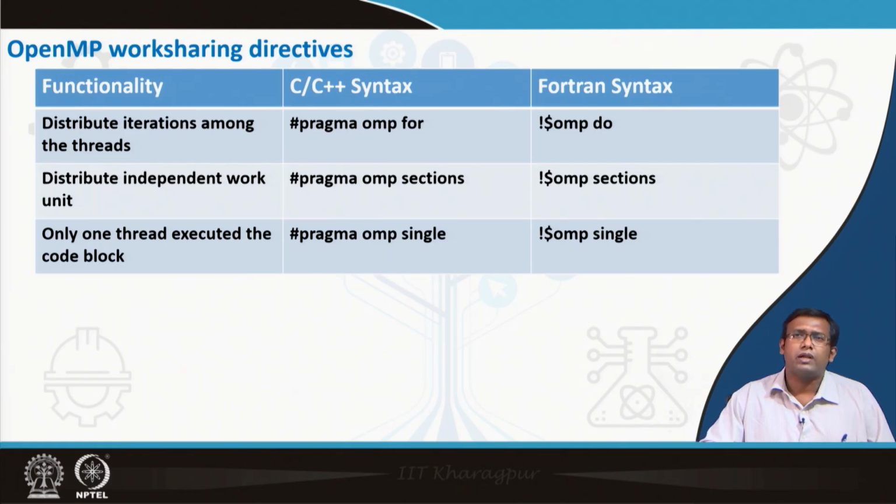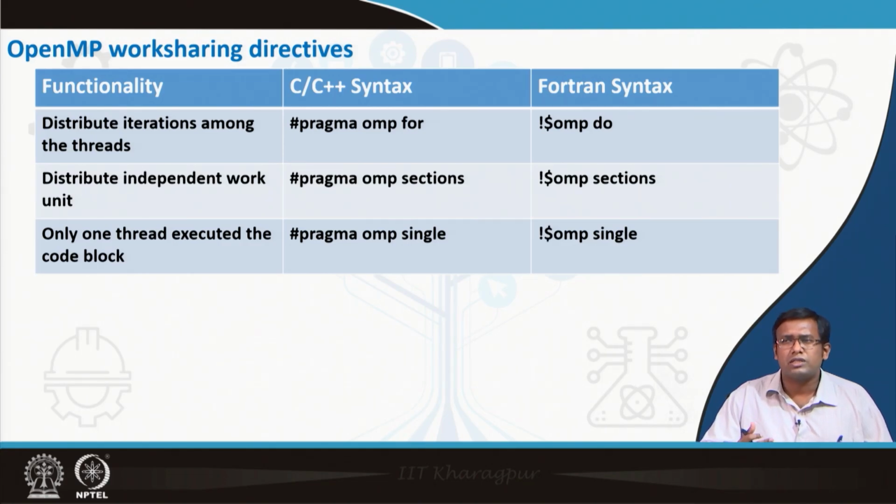When we see these work sharing directives, we will appreciate that when somebody is developing a parallel program, he is not writing different instances or different lines of the program for different threads. It is developed with a sense of generality, that one particular line within a parallel region will be executed by all the threads, and these threads operate something like a single instruction multiple data model.